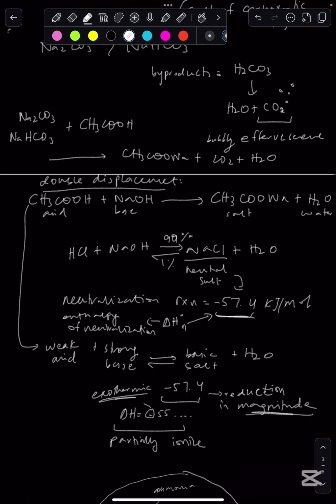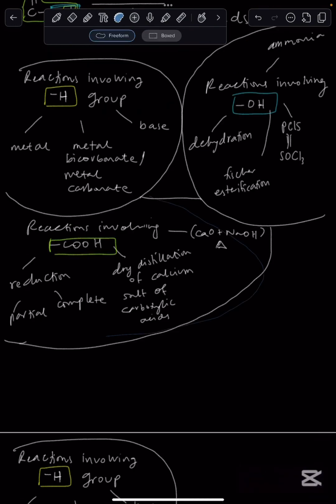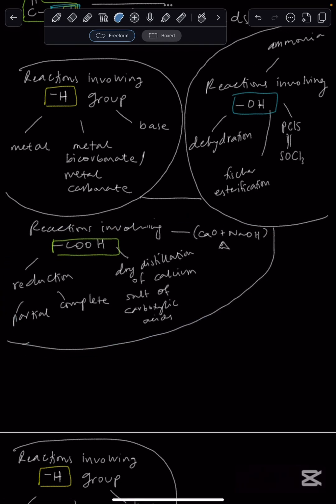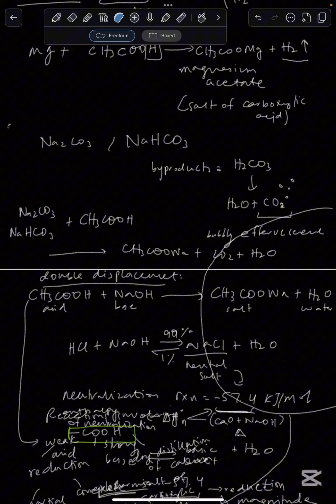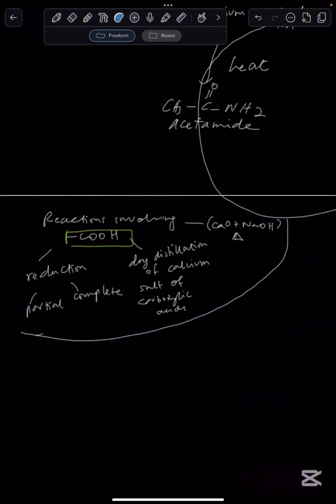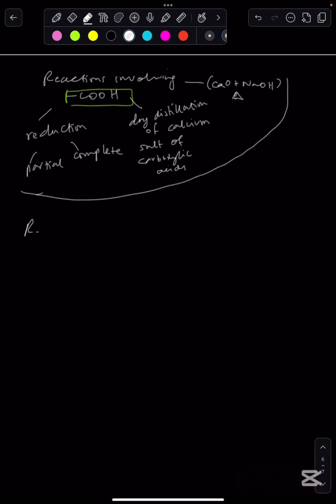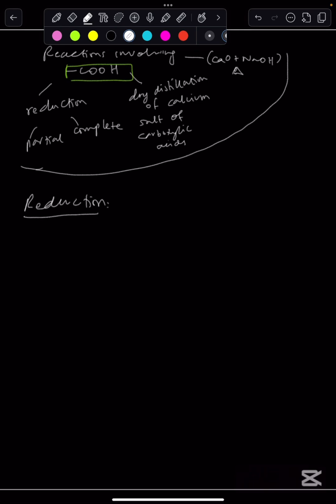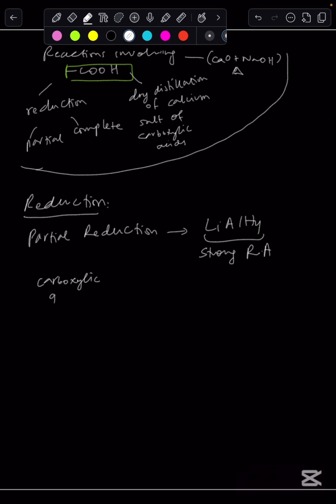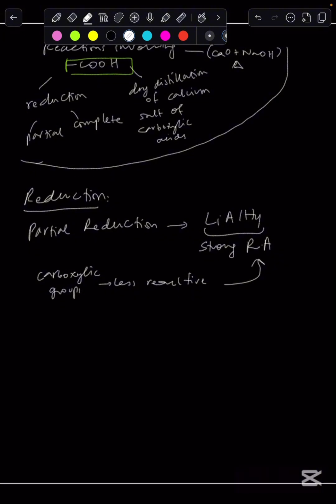So now we're going to see the reactions involving the carboxyl group. We may see the reduction first. Partial reduction takes place through lithium aluminum hydride. Now lithium aluminum hydride is a strong reducing agent, and carboxylic groups are less reactive towards reducing agents.